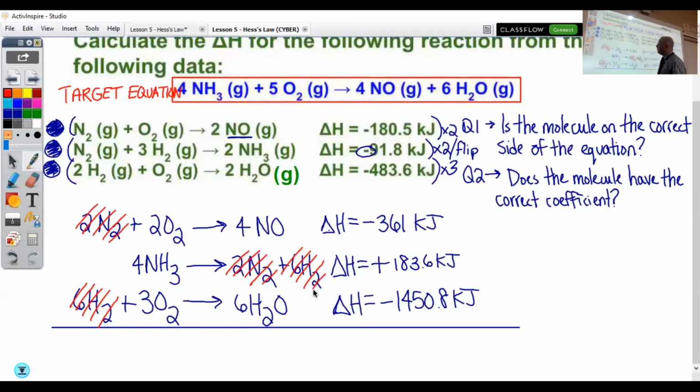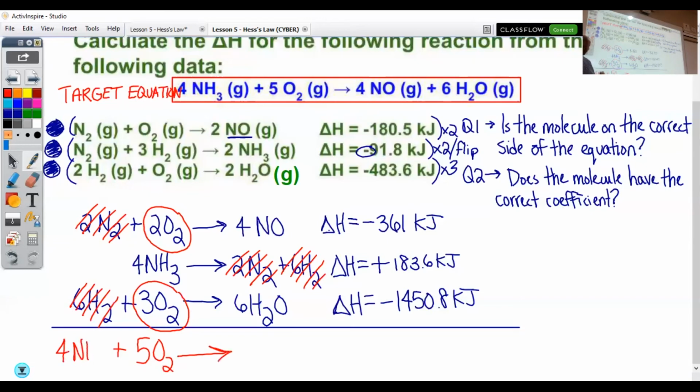Finally, if I notice, I have 3 oxygen on the left side and 2 more on the left side. In this case, because they're both on the same side, they won't cross each other out, but we can combine them together. So we're going to end up with 5 oxygen on the left side. Here's our arrow. We also have our 4 NH3 on the left side. Now let's look at what's left on the right side.